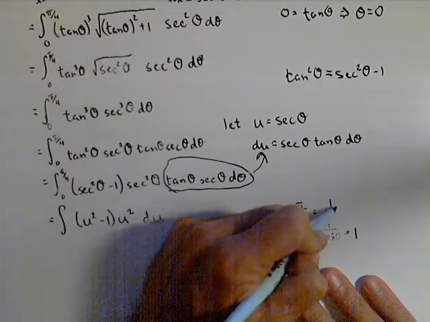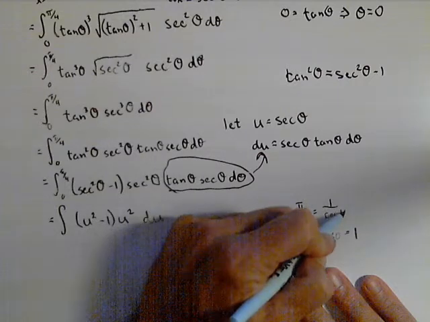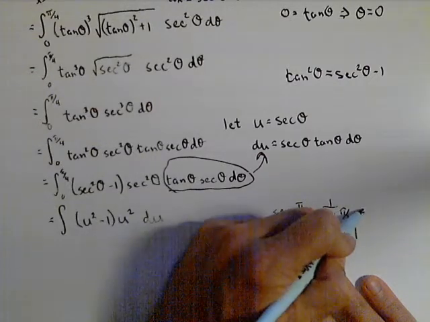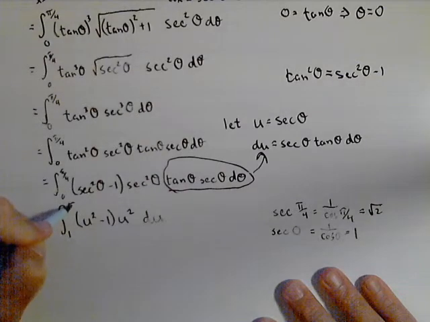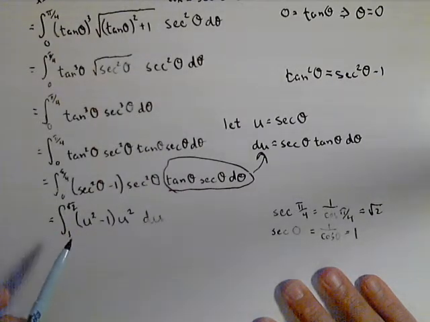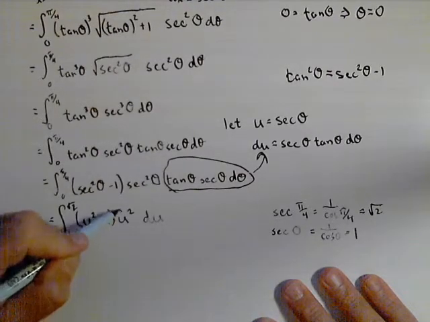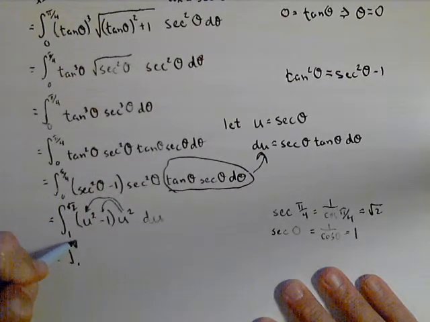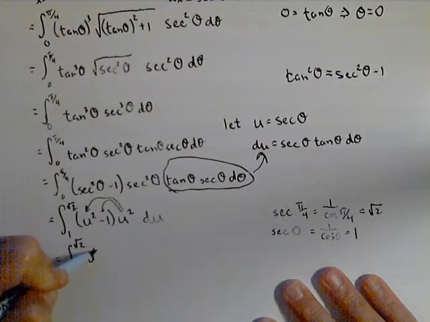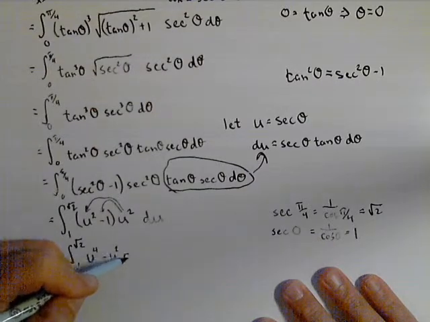Secant of pi over 4, that's 1 over cos of pi over 4, which is rad 2. The nice thing about that, this is now my definite integral. The only goal I have left is to solve this thing. That's going to come from distributing the u squared. So 1 to rad 2 of u to the 4th minus u squared du.